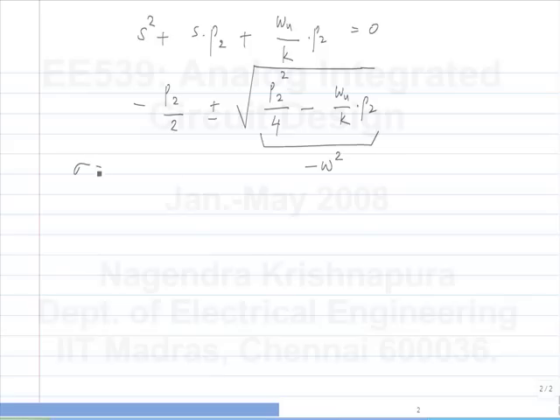So sigma is minus P2 by 2, and minus omega square. No, if I do this, I do get... why? I mean, I'm just expanding this.